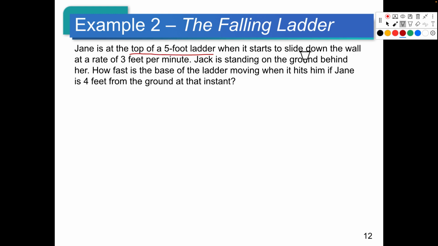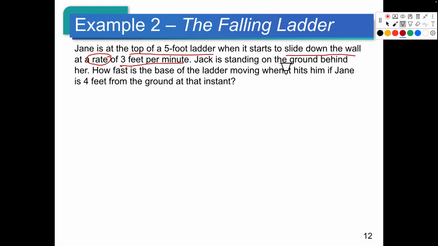And then it's going to start to slide down the wall. We've been given here, as we're reading, a rate. So that's going to be what? A derivative. So just think, translating the English into the math symbols as we go. A rate of 3 feet per minute. Again, that derivative is a constant change, which is nice.